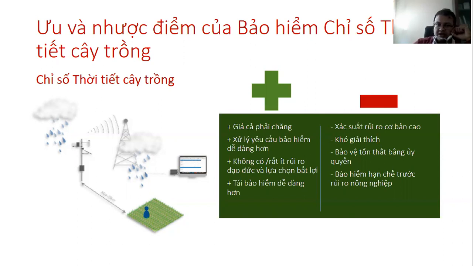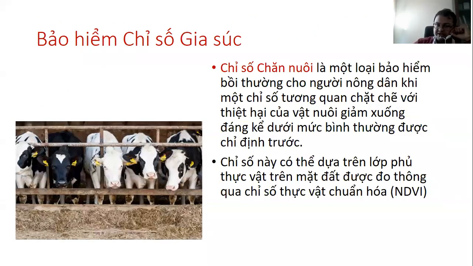Now, in the next slide, we talk of another important category of products, which is livestock index. As far as we know, this category has not been tried out in Vietnam so far, but there are quite a few examples of this being done in other countries. This category of product is not always relevant in a country.